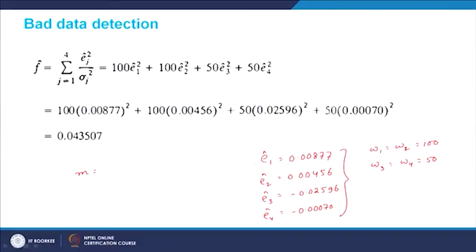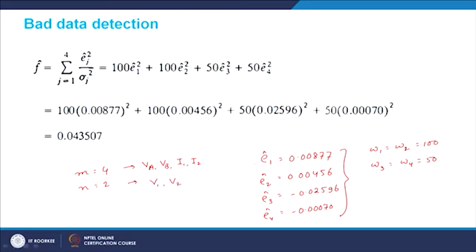Now, in our example the total number of measurements was 4, because there are 4 meters, 2 ammeters and 2 voltmeters, and the total number of states was 2. The measurements were VA, VB, I1 and I2, and the states were V1 and V2.